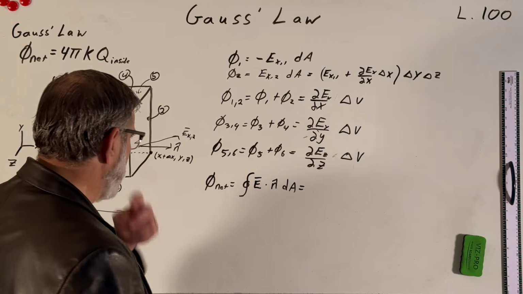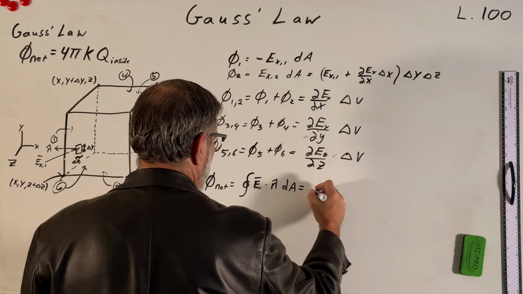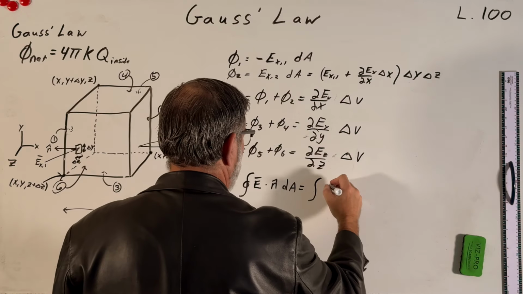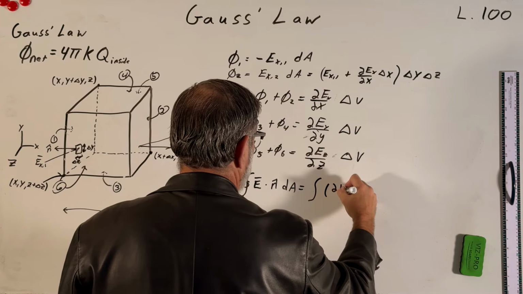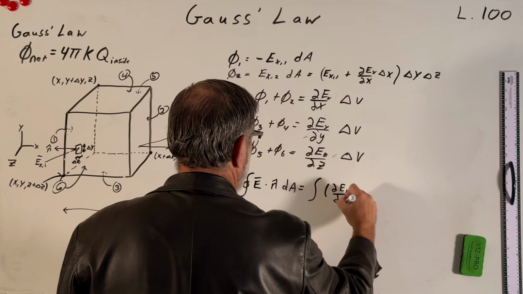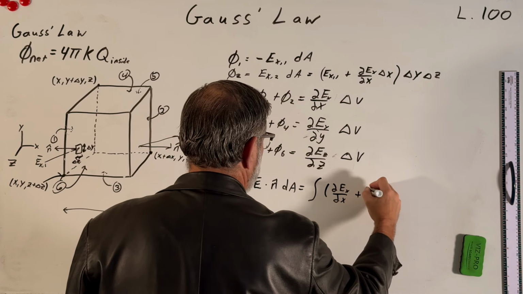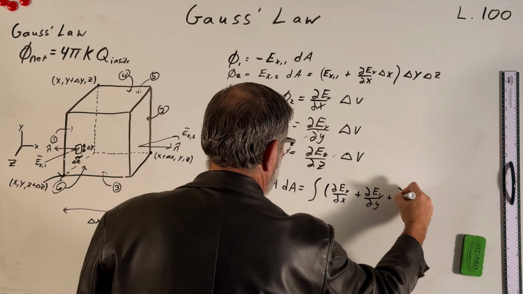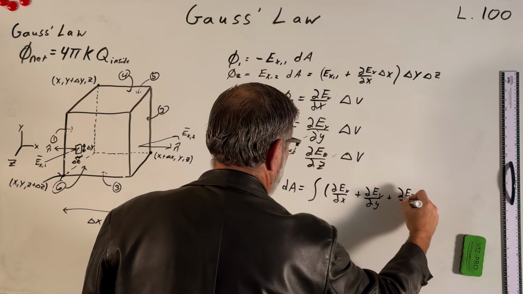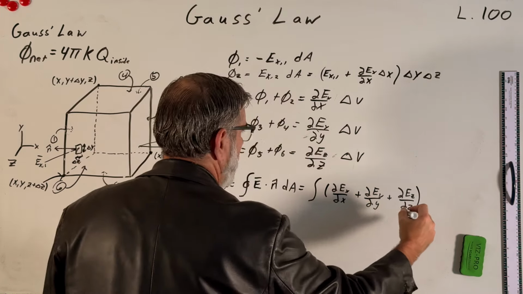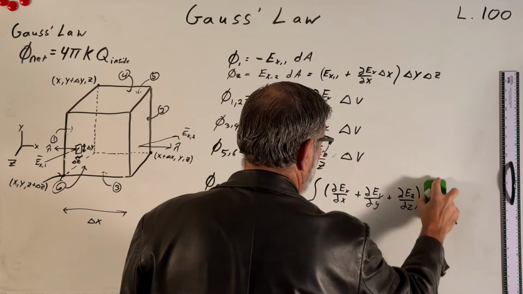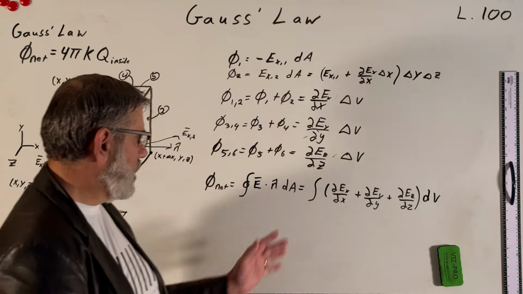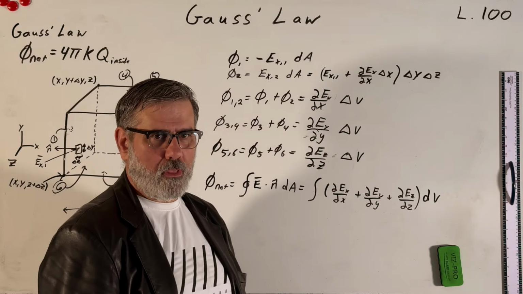But as we've calculated from this, it's also equal to an integral of this plus this plus this, which gives us this term, dE sub x dx plus dE sub y dy plus dE sub z dz. And not delta V anymore, but I'll let this become dV now, right? It's going to be a continuous variable. It's going to be dV and not delta V, yes? Yeah.